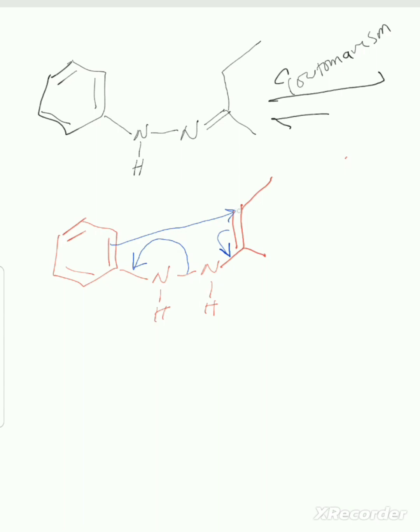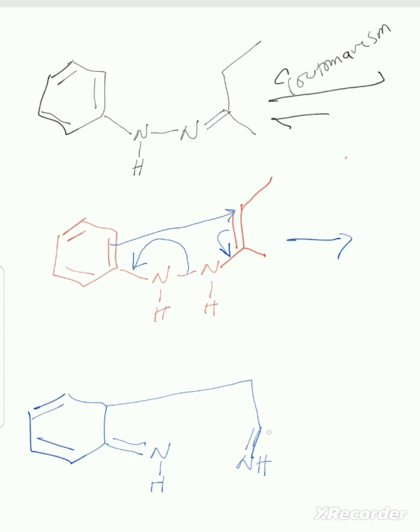Then this one also to have 5 bonds, even this double bond will come like that. So what we are going to have is this. So here with the double bond, so here to be like this. So here we have like this.